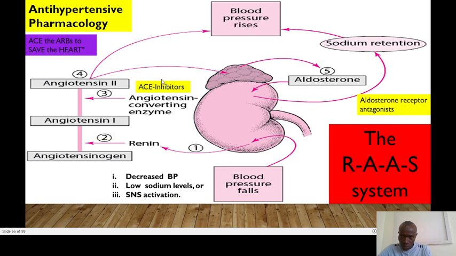We could target this using the ACE inhibitors, the angiotensin converting enzyme inhibitors. Equally, we could work on the angiotensin 2 receptors by blocking them, using the angiotensin 2 receptor blockers or the Sartans. And lastly, the aldosterone receptor antagonists.